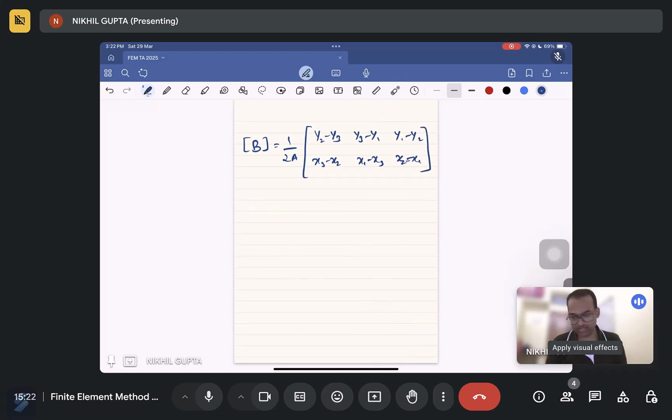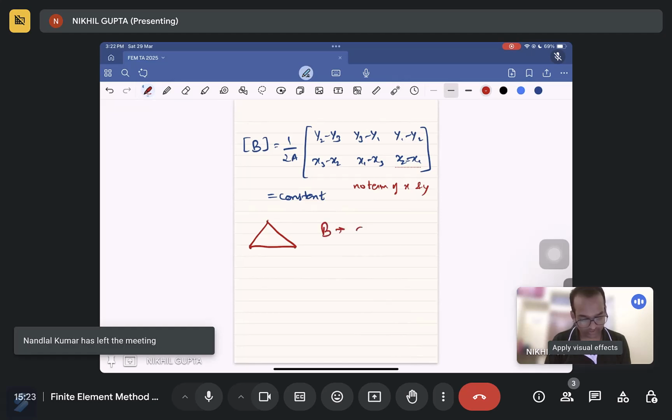So what can you observe from this? You see, this is a constant matrix. Why is this constant? There is no term of x and y. So irrespective of any x and y, this matrix only depends on the coordinates of the vertices of the triangle. So whenever you are taking a three noded triangle, the strain will be constant on it. So this element is known as the constant strain triangle.